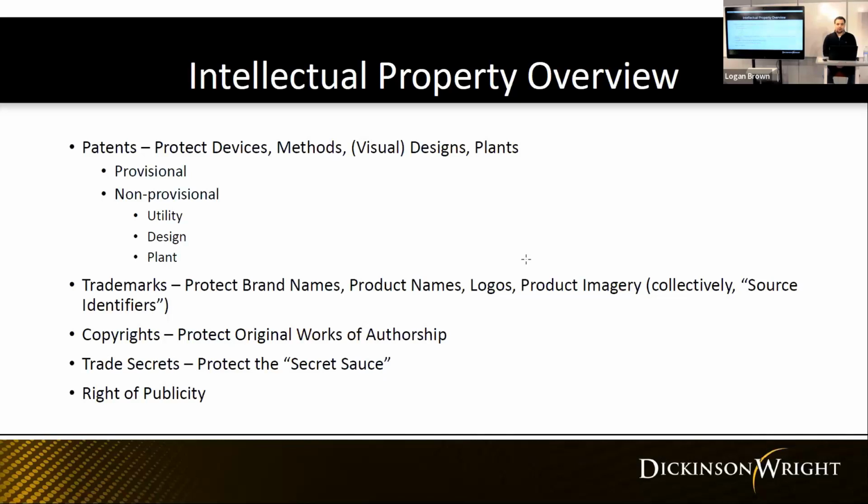There are small business fees, and then what they refer to as micro entity fees. The micro entity fee is very advantageous for individuals and very small businesses. That will save you, I think, up to 75% on all the fees that the USPTO charges related to patents.